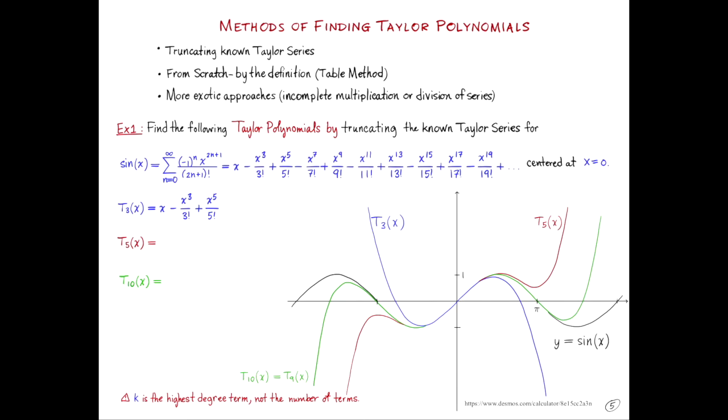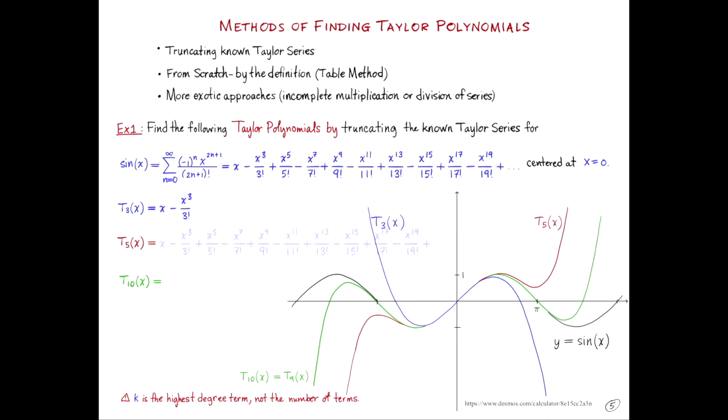But remember that we're looking for the third degree Taylor polynomial. k is the highest degree term, not the number of terms. So if we want the third degree Taylor polynomial, that means that the highest degree term should be x cubed. So we keep erasing, giving us that the third degree Taylor polynomial is equal to x minus x cubed over 3 factorial.